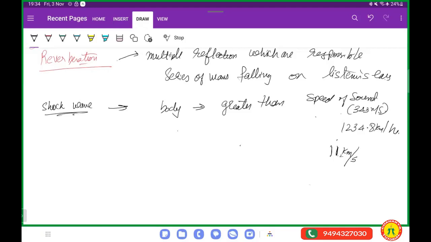We don't have that. The fastest train in Japan is like 600 kilometer per hour. The fastest car also is not that much, even a jet plane is not going this much. As per my knowledge, Tejas was about 4 to 5 Mach.